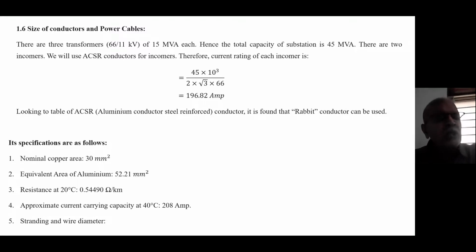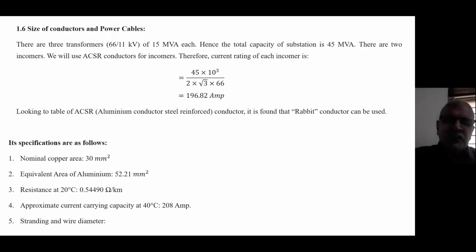I was telling you that these incomers are ACSR conductors. The central conductor is steel and around it are aluminum strands. The stranding etc. we will also be seeing today. The names of these conductors, I don't know the reason, are behind the names of birds and animals.